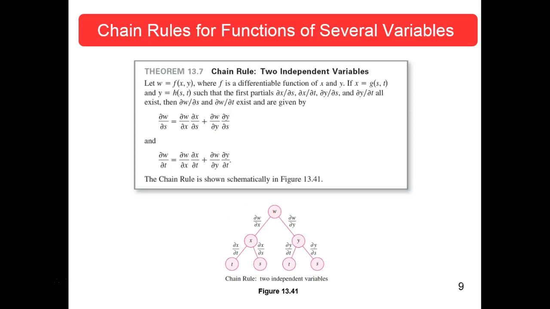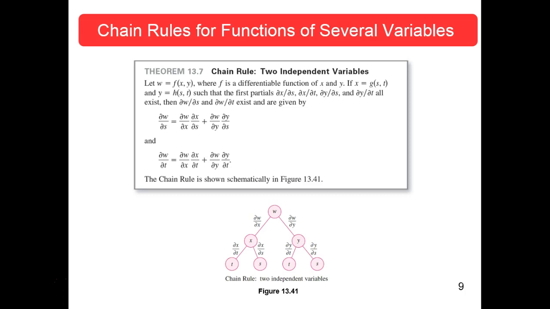And here's the chain rule for 2 independent variables. Before, we only had ultimately 1 independent variable. There were 2 or maybe even 3 intermediate variables, but only 1 independent variable. Now we have 2. So here's theorem 13.7.